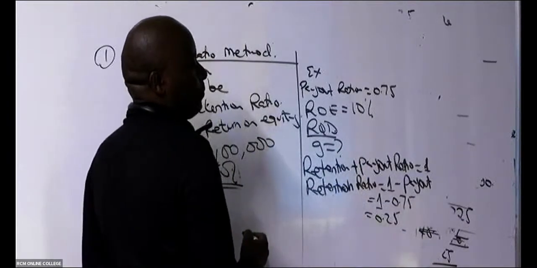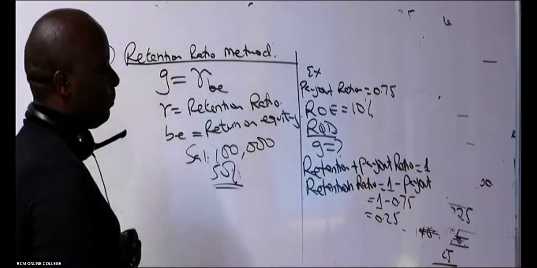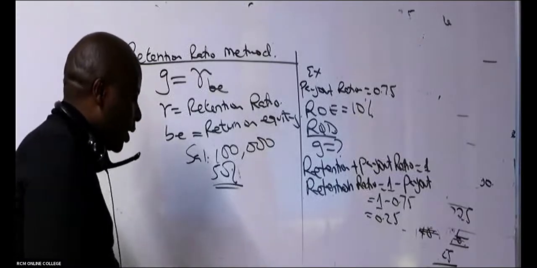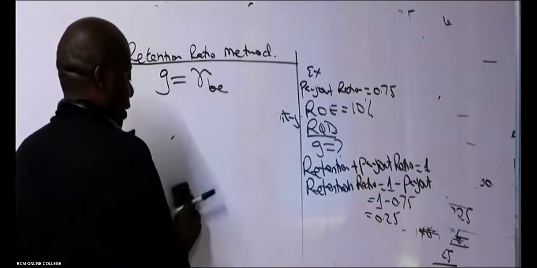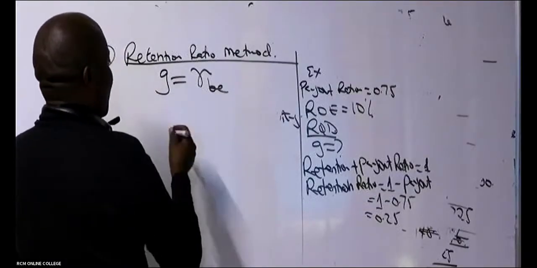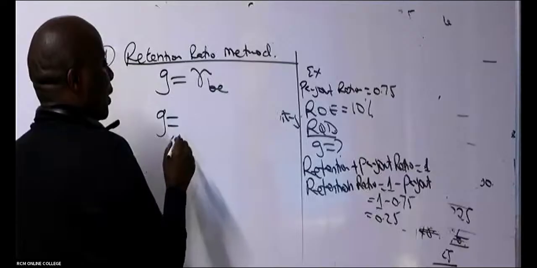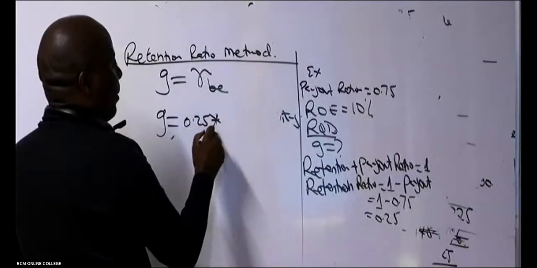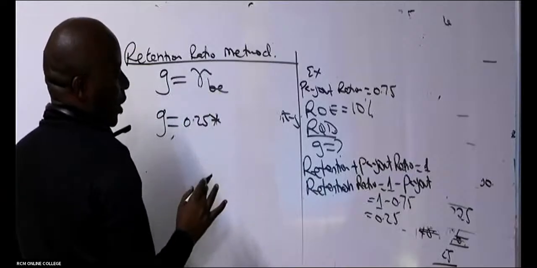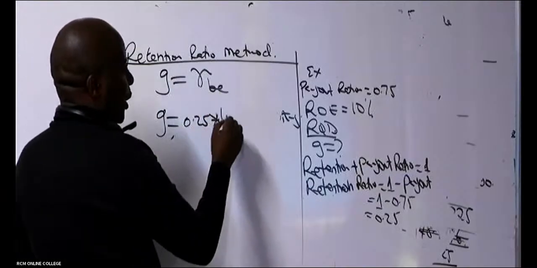Then you can use this formula: growth rate equals retention, 0.25, multiplied by return on equity, which is 10%.